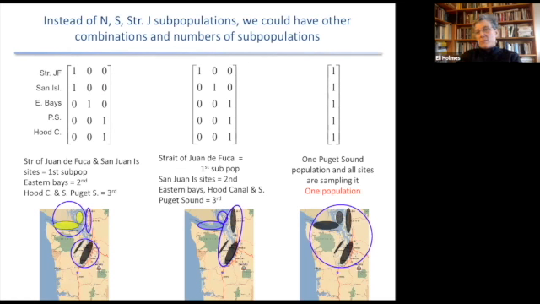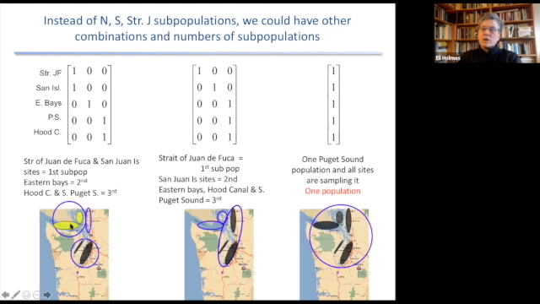What if we thought the mapping looked like this here? So still, we're going to have 3 subpopulations, but the mapping is just a little bit different.